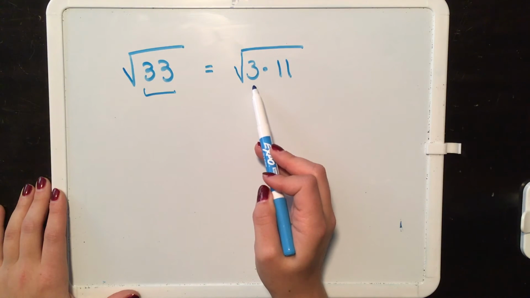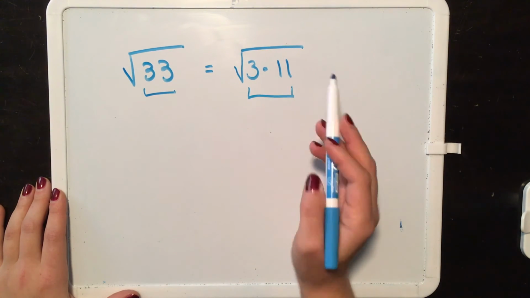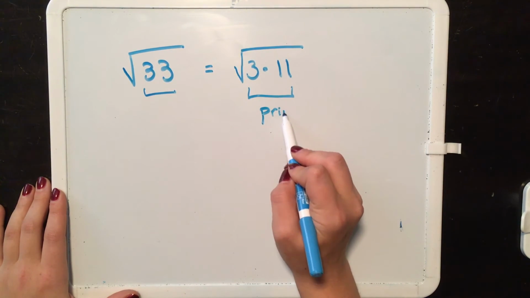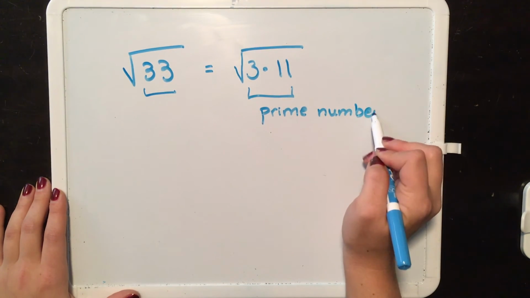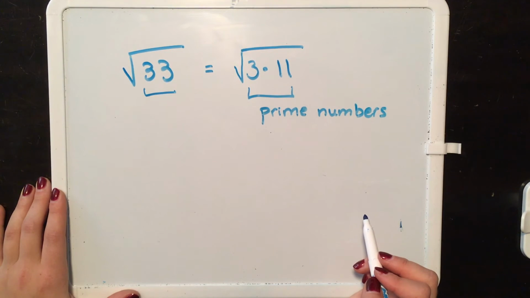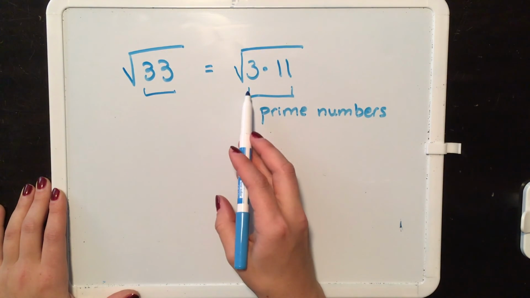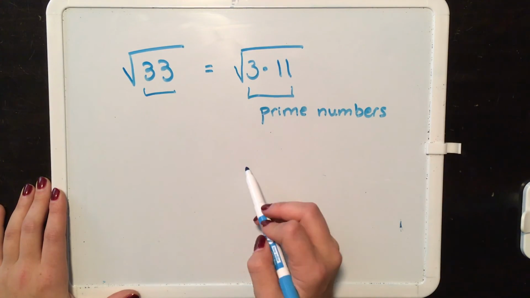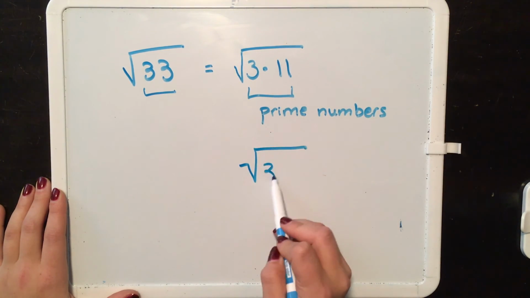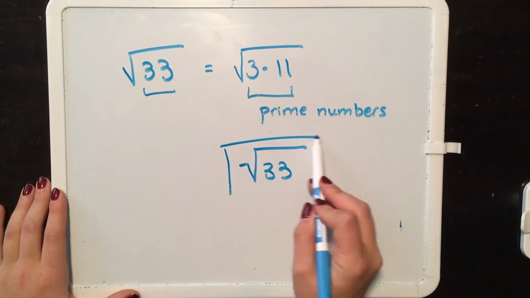It turns out that 3 and 11 are both prime numbers. And prime numbers are not perfect squares. Since they're not perfect squares, we cannot isolate any term, and we cannot take the square root of either. So the square root of 33 is actually irreducible.